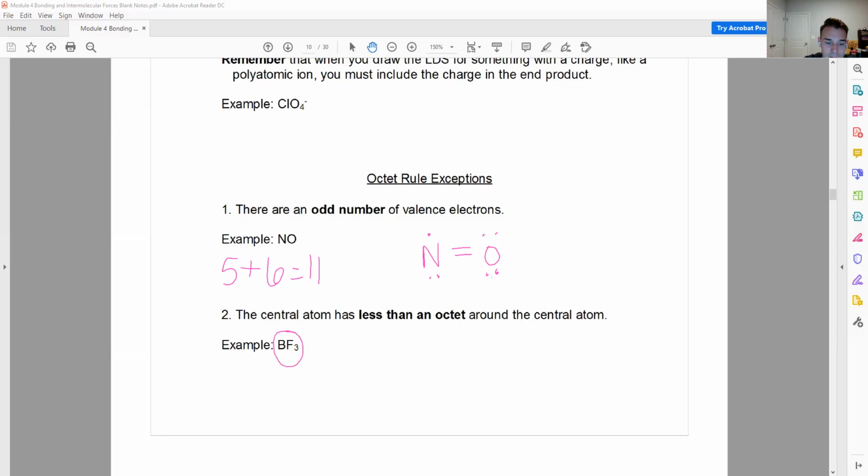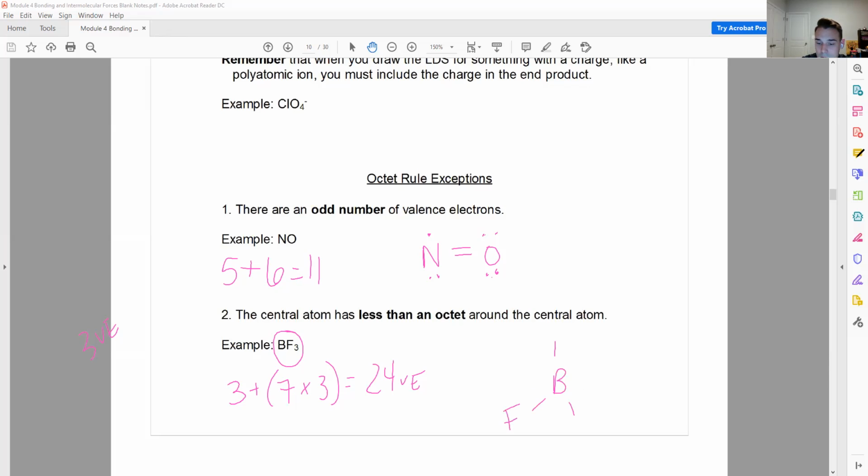Okay, so BF3. Boron has 3, fluorine has 7 times 3, which gives me a total of what? 7, 14, 21, 24 valence electrons. Now, boron, with its 3 valence electrons, is special because all it really wants to do is just pair up those 3 and be done with it.